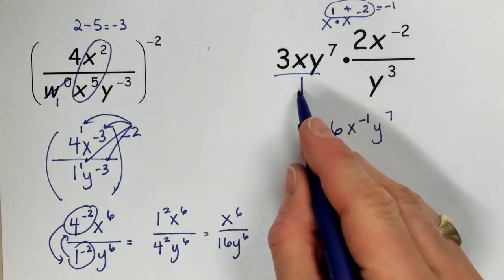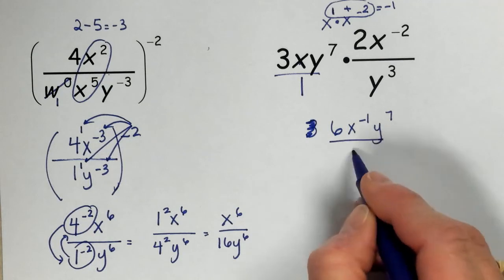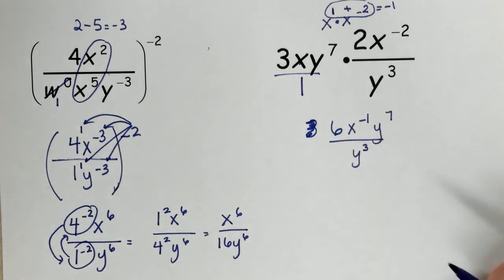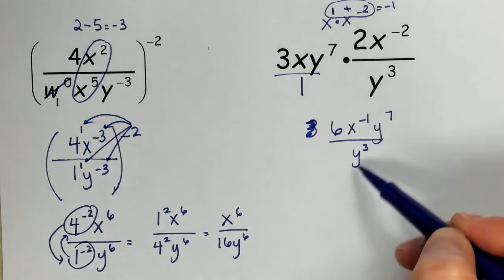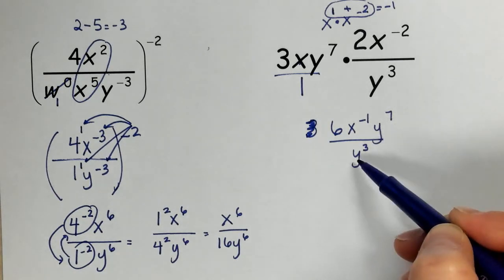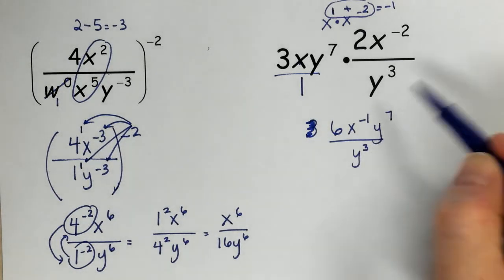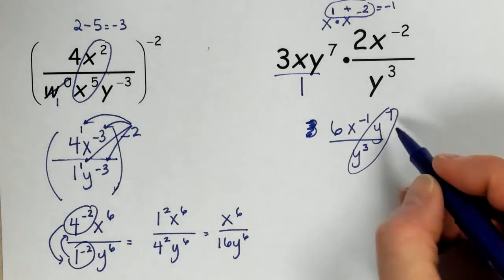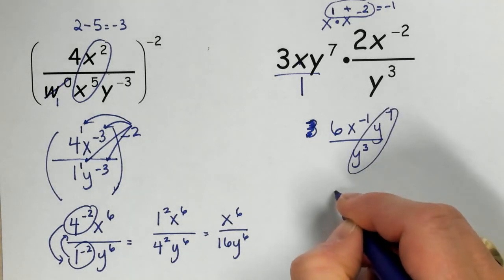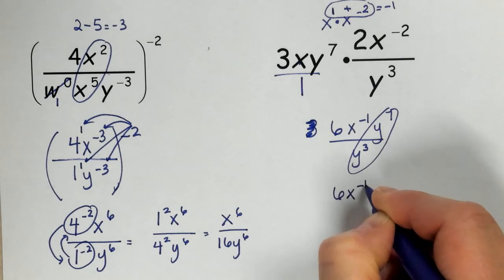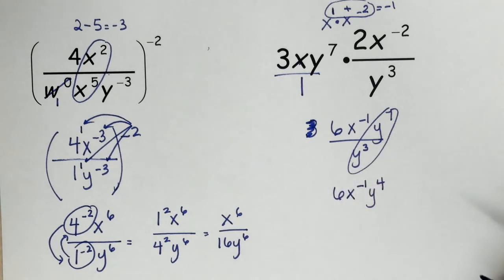And then down in the denominators, 1 times y to the 3rd is a y to the 3rd. Okay, so now that it's part of one fraction, I realize I have y's divided by y's, so I can subtract my exponents. 7 minus 3 will be 4.